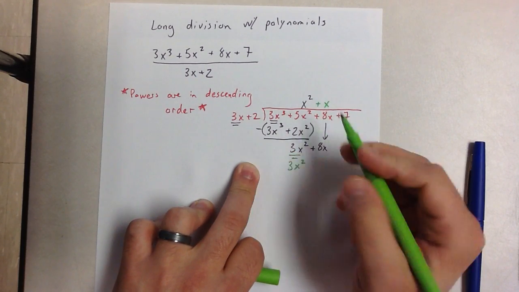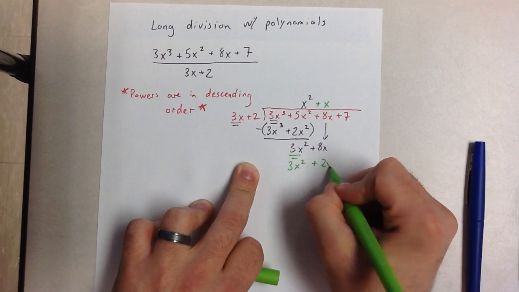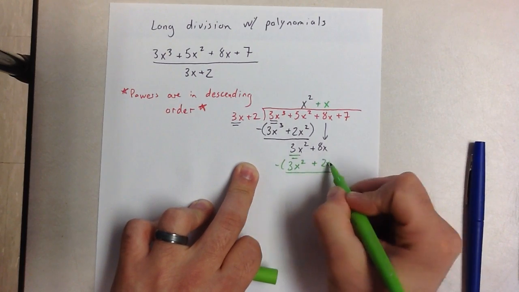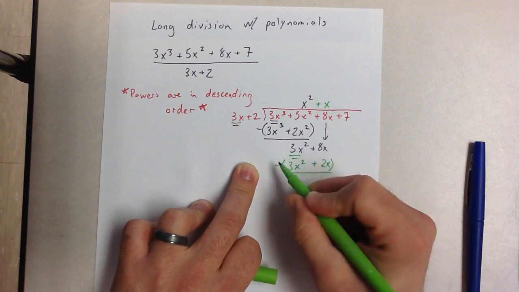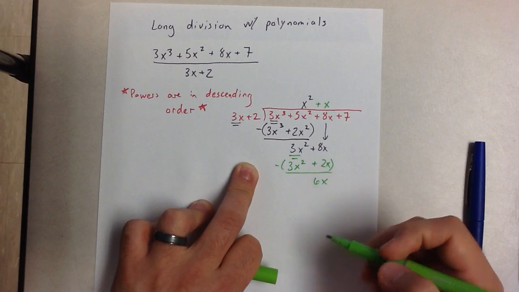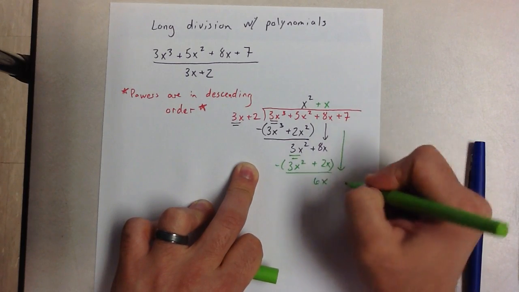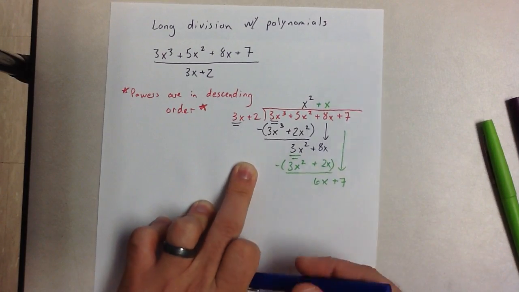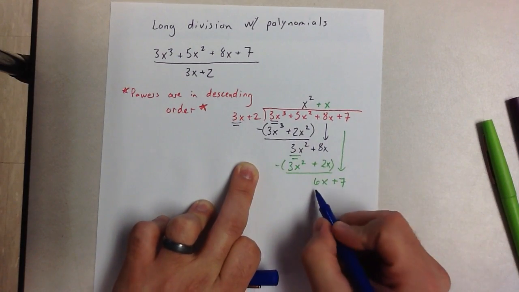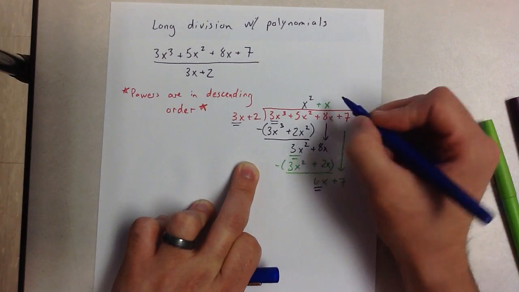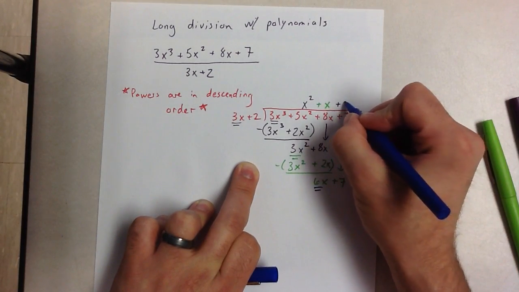And then x multiplied by 2 gives us 2x. So we subtract, cancel, 8 minus 2 will be 6x. And we drop the next term and repeat what looks like it's going to be the last time. So 3x and 6x, we don't need any more variables, we just have to multiply by 2.